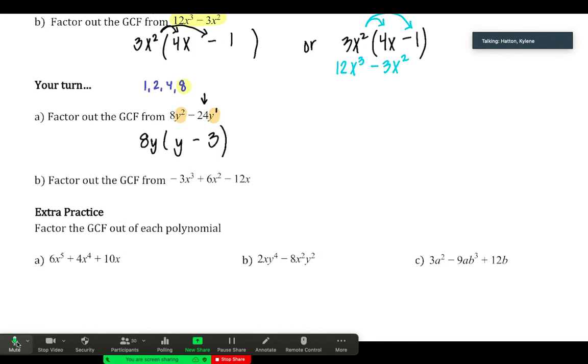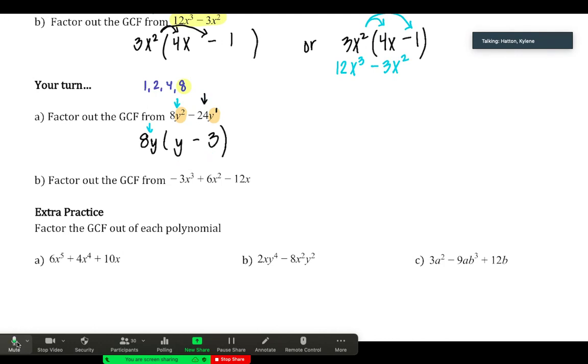If you prefer to think of it as kind of like dividing, you can think of it this way: if I start with 8y squared and I divide out this 8y, I'm left with y. And then I have negative 24y, and I divide out the 8y, I'm left with negative 3. So whichever way makes the most sense for you, just stick with that way.